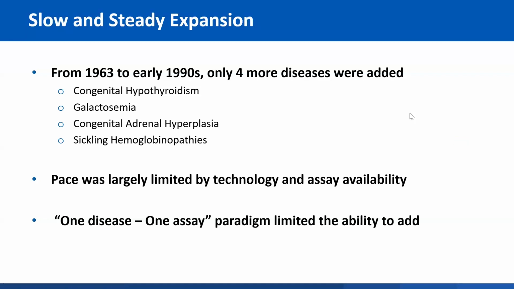At that time, however, the pace was largely limited by technology, as each of the diseases required development and implementation of its own assay. As a result, between 1963 and the early 1990s, only 5 diseases were really routinely being screened for in the United States.